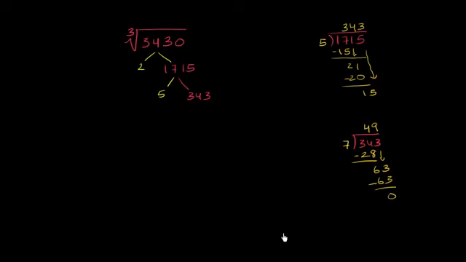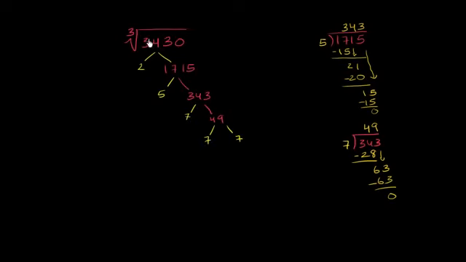Subtract, we don't have any remainder. And I forgot to do that last step up here. 3 times 5 is 15. Subtract, no remainder. It went in exactly. So here, 343 can be factored into 7 and 49. And 49 might jump out at you. It can be factored into 7 times 7.